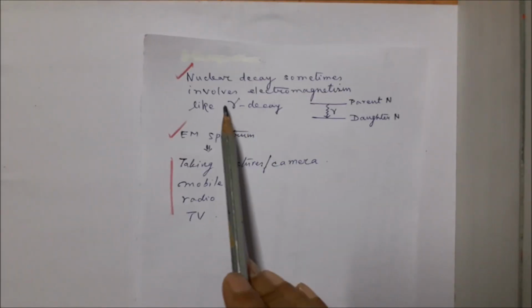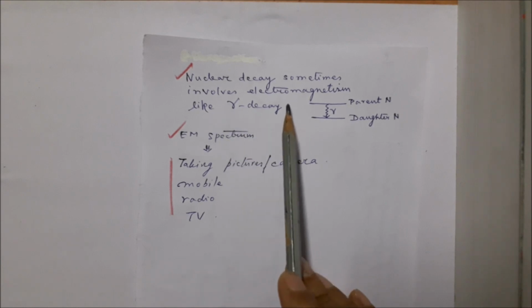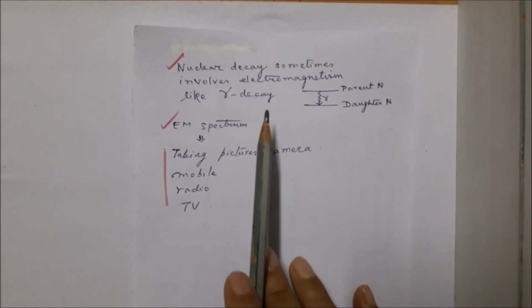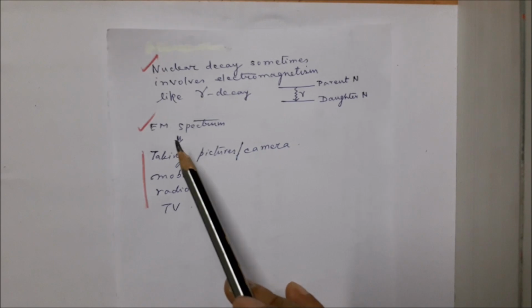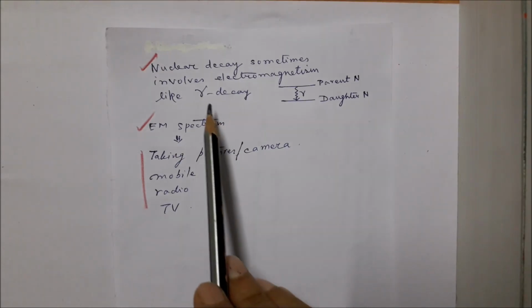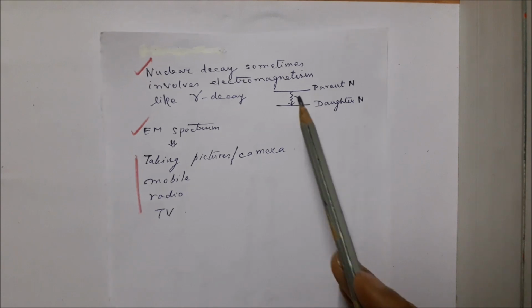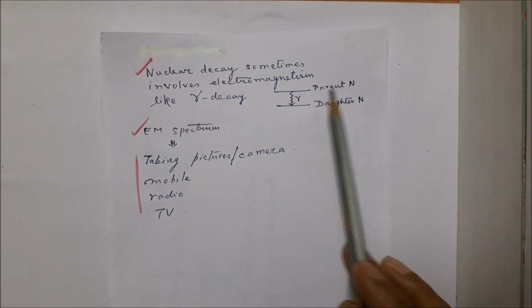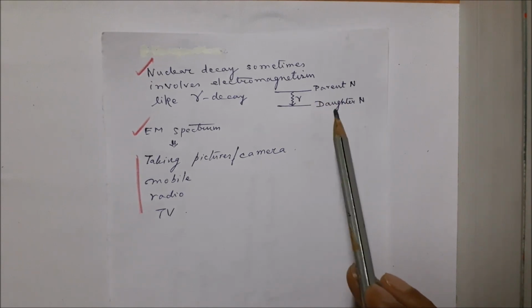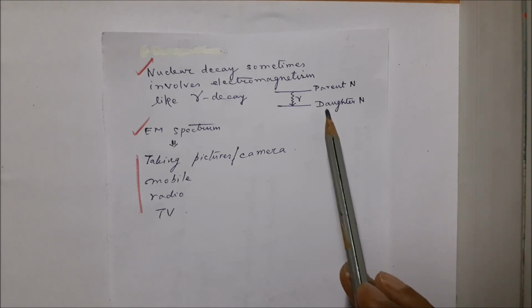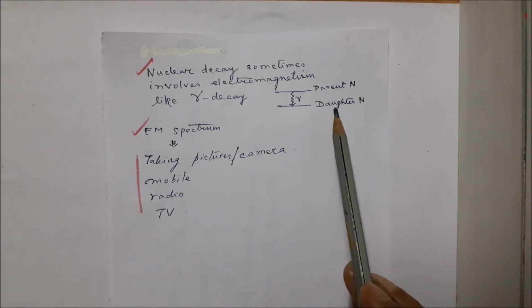Nuclear decay sometimes involves electromagnetism, like gamma decay, which involves emission of gamma due to transition of an excited energetic parent to a lower state to become or to be called a daughter.